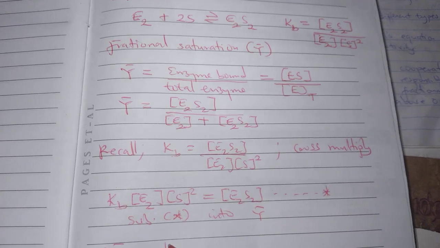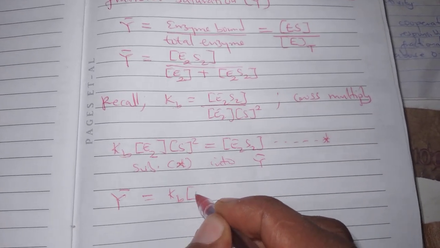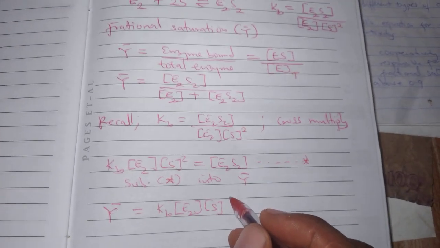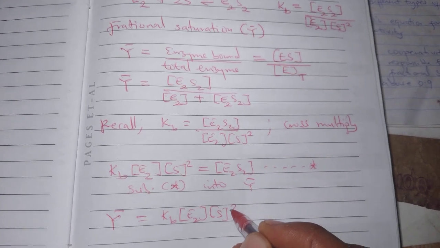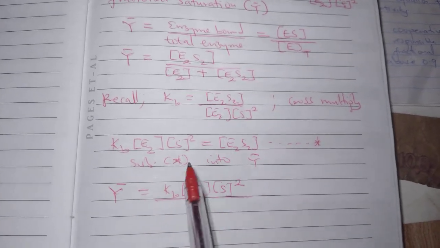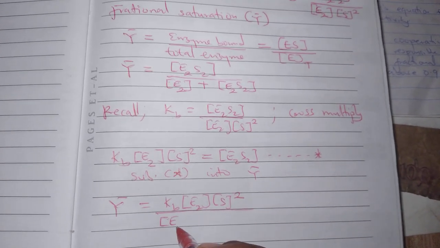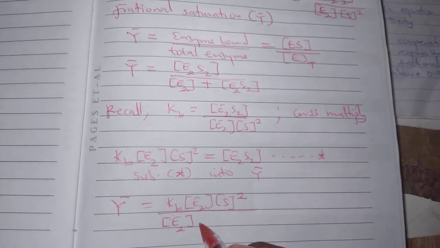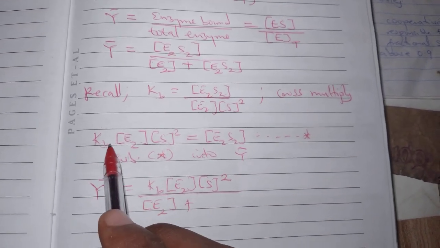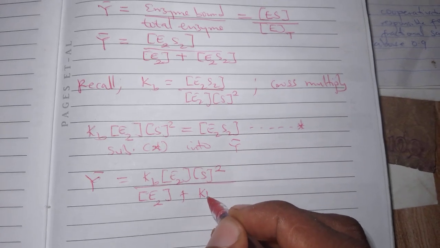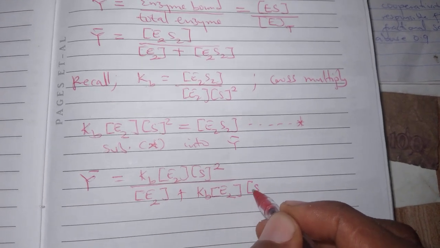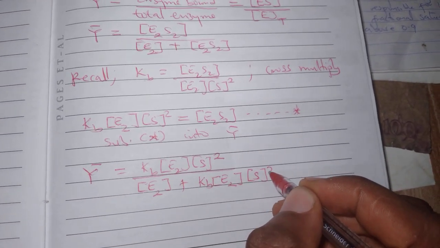So I'll have Y bar equal to KB E2 S squared, all over, instead of E2, we have E2 there, so I have E2 plus E2S2. Instead of E2S2, I will have the whole of this, plus KB E2 S squared.